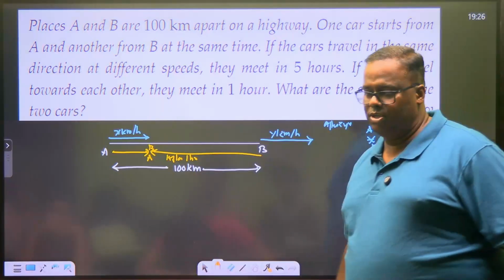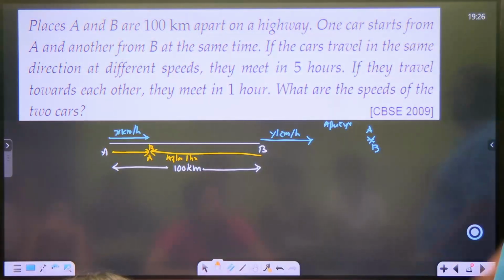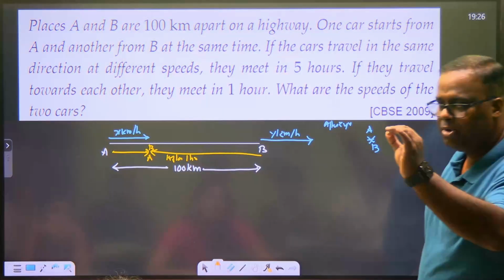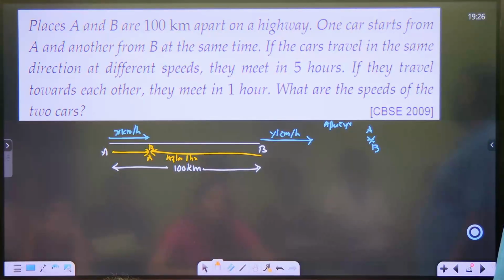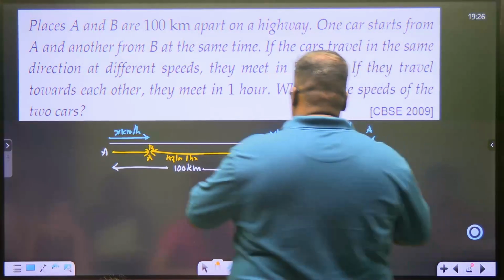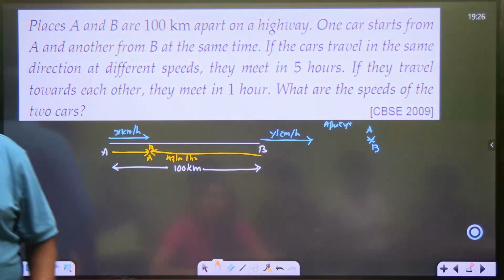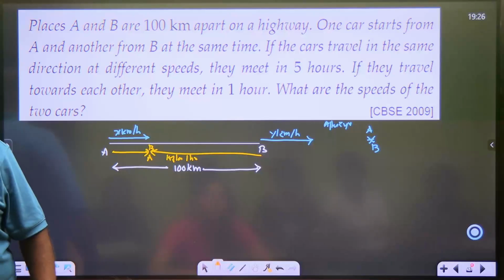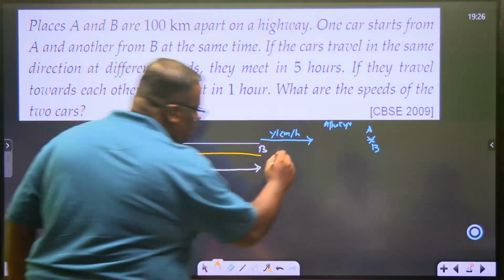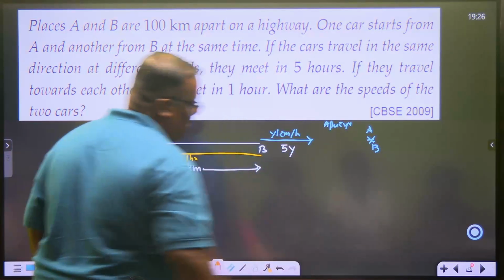So let's see one thing. Top case, let us first see. Meeting happened after how much time? 5 hours. So in 5 hours, B must have traveled how much? 5y, since distance equals speed into time. So B has traveled 5y.